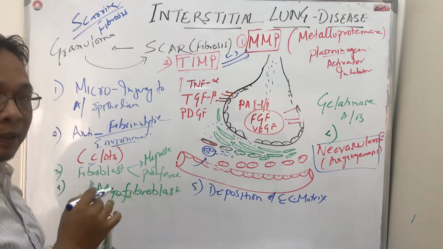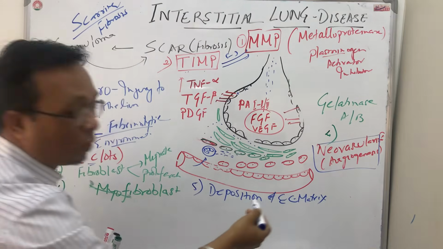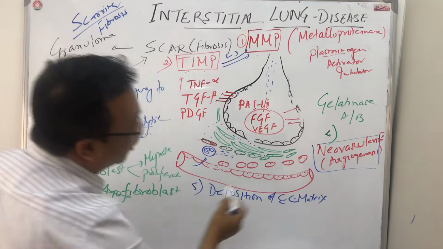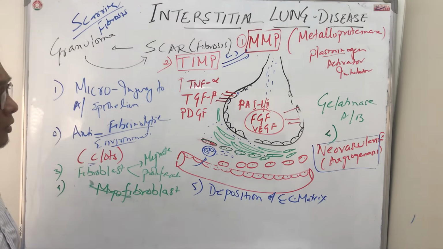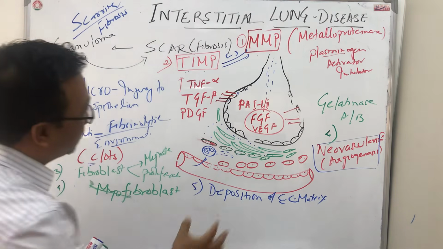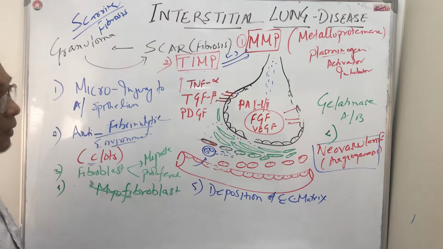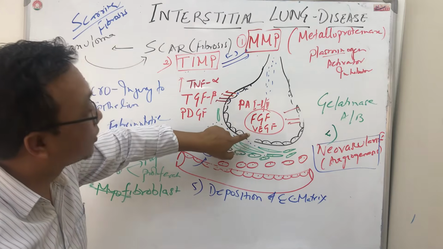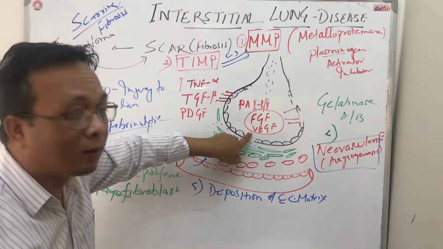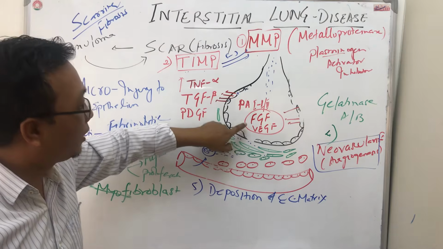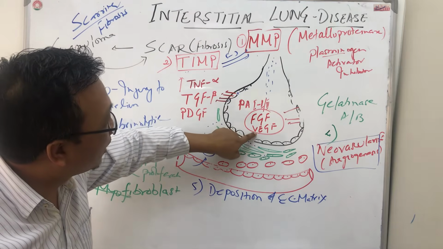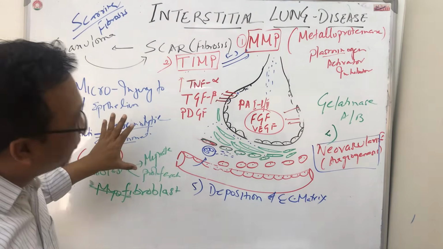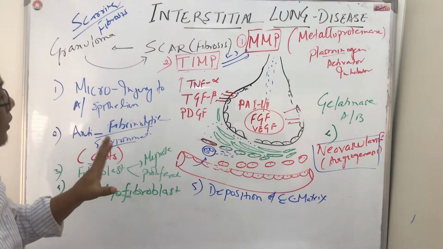Because of this imbalance, there is more and more growth of fibroblasts and deposition here, plus there is angiogenesis, new blood vessels formed to supply nutrition here. This whole thing is happening because of release of some more factors by the damaged alveolar epithelium, like fibroblast growth factor and vascular endothelial growth factor. So in brief, this is the pathophysiology of interstitial lung disease.